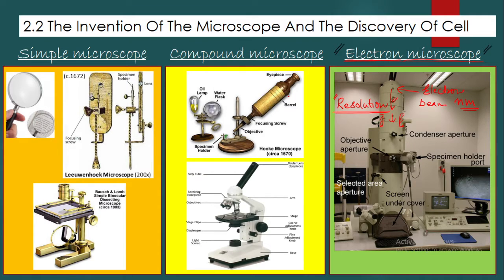Now this electron beam is going down, and in between we have the specimen holder. Here we keep whatever sample we want to observe. So this electron beam will pass through the sample.